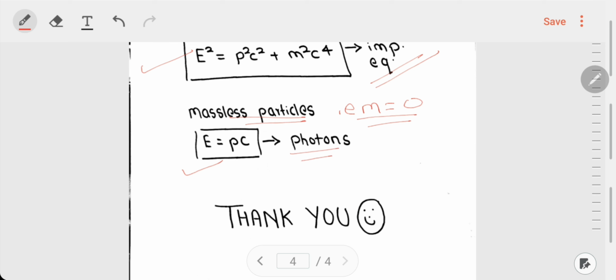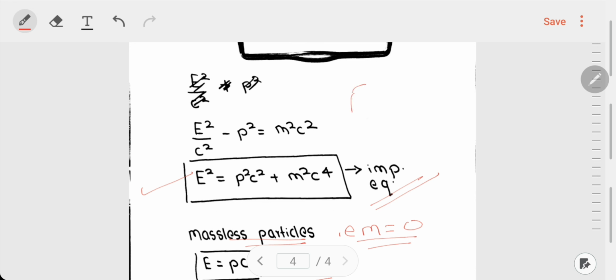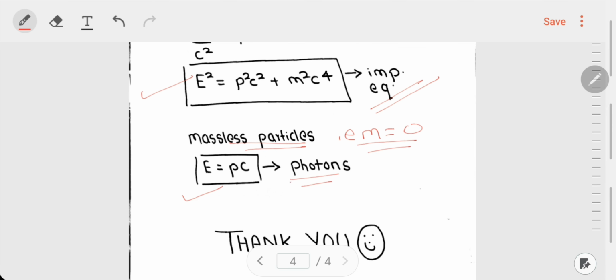So in the last lecture, as I promised, we would be deriving equations. The first equation that we derived is E is equal to m c square, and the second equation was E square is equal to p square c square plus m square c to the power 4, where we found out that even massless particles can have energy, and that energy corresponds to their momentum. And the famous example is nothing but our photons, the quanta of light.